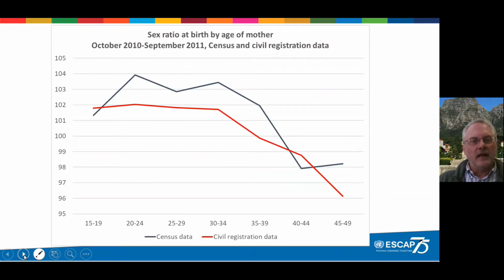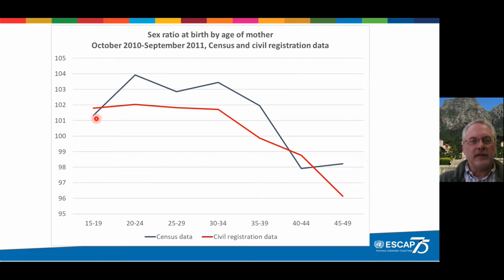On this slide, I'm showing how one might be able to look at the sex ratio at birth by the age of the mother. Along the x-axis here, we have the mother's age at the time of birth, and on the vertical axis, we have the sex ratio of number of male births per 100 female births, running from 95 to 105 male births for every 100 female births.